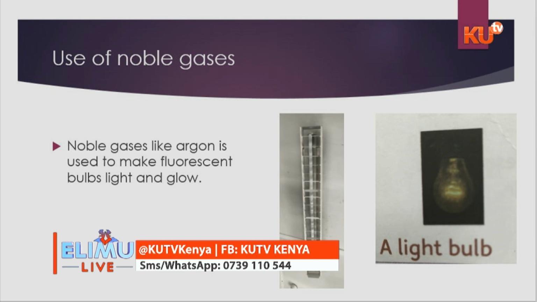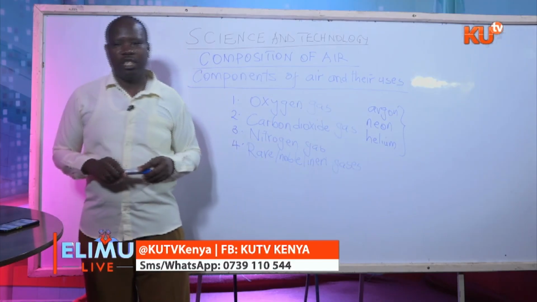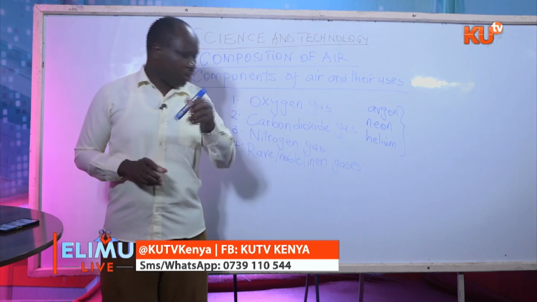It burns to produce that light and that heat. Therefore, the first use of the rare gas or noble gas is to burn and produce light inside a bulb or a fluorescent tube. Take note of that.